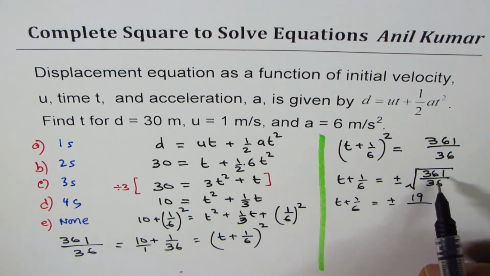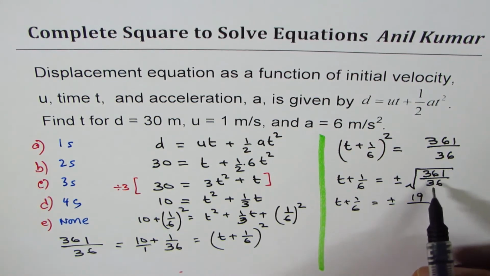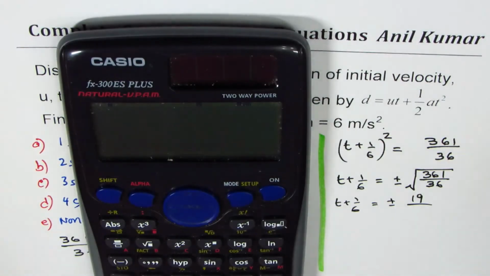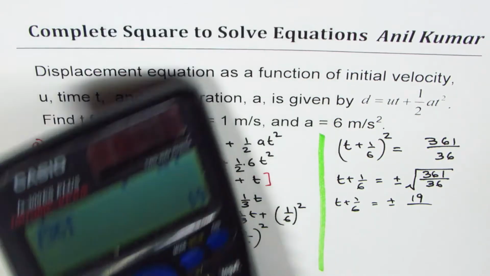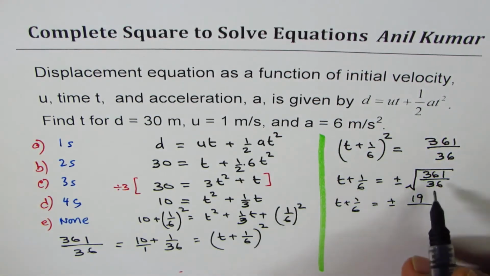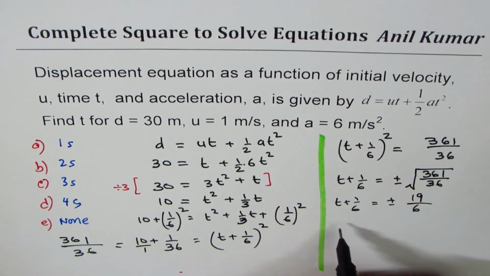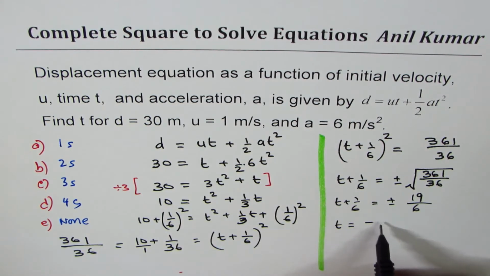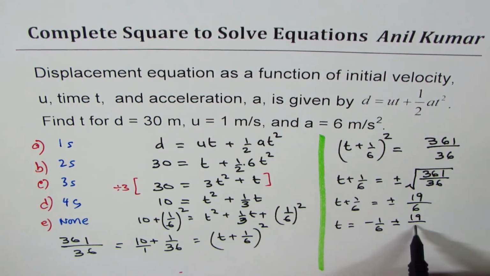You could check with 20 minus 1 whole square, 400, right? So you can use a calculator. Okay. So the square root of 361 is 19, right? So 19 over 6. So what is t equals to? T equals, when we take it to this side, minus 1 over 6 plus minus 19 over 6.